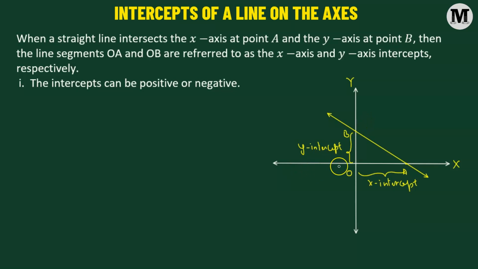In that case, we have a negative x-intercept but a positive y-intercept. Or the other case where the line cuts the negative y-axis and the negative x-axis. So here we have a negative x-intercept and a negative y-intercept. And the other case would be the line cuts the negative y-axis and the positive x-axis, meaning it's going to have a positive x-intercept and a negative y-intercept.